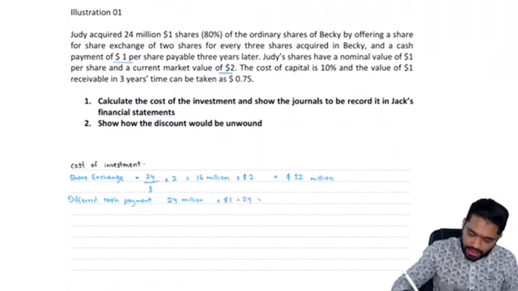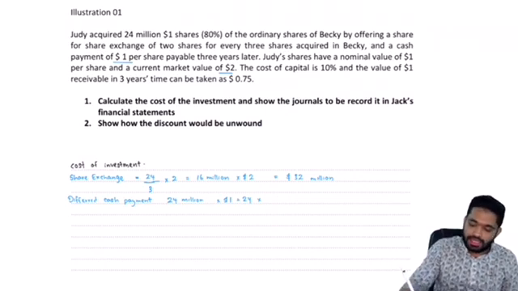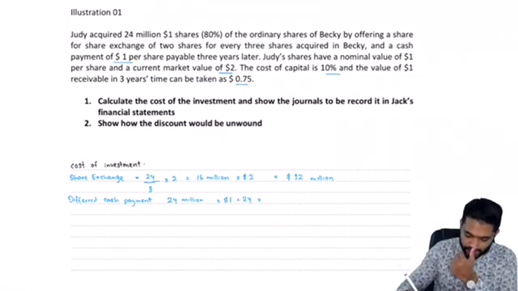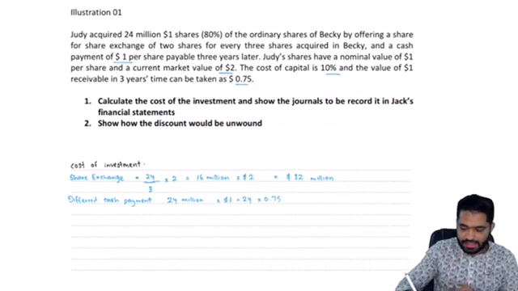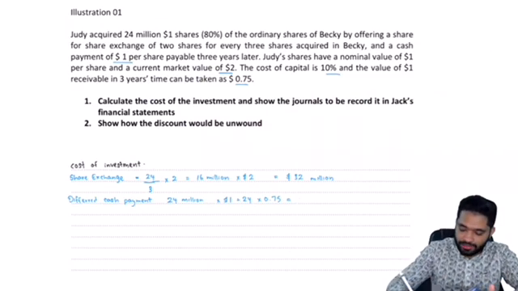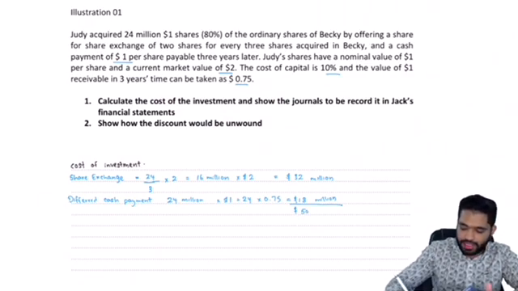Now here we need to use the discount factor. They have given us the discount factor which is 0.75 at the cost of capital of 10%. In 3 years it's going to be 0.75. So 24 million into 0.75 is going to be 18 million. So 32 plus 18 million, the total investment that we have made in Becky is going to be 50 million.